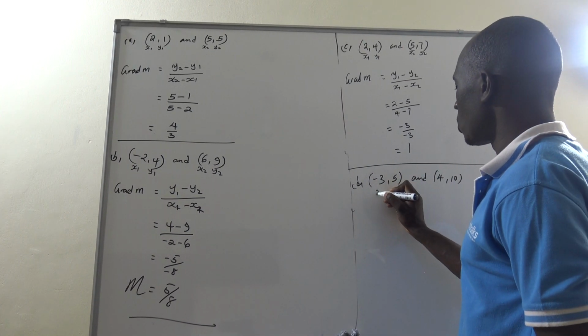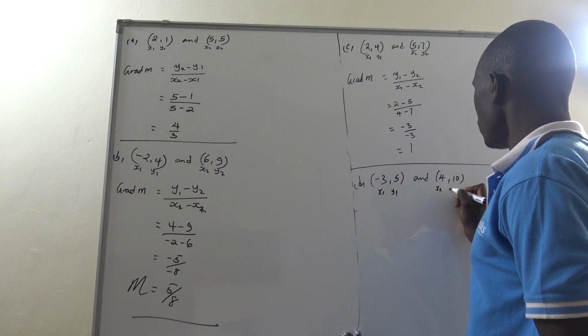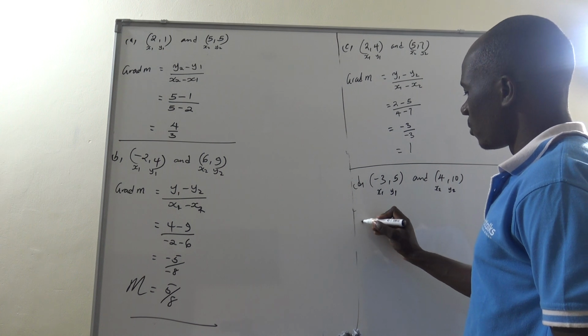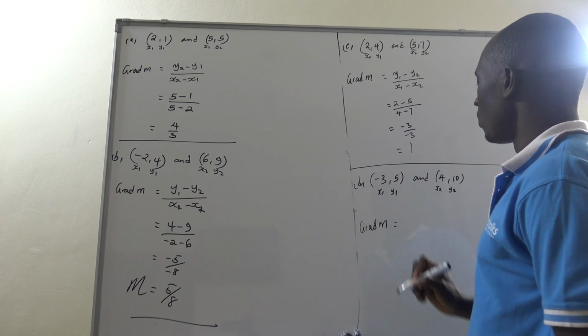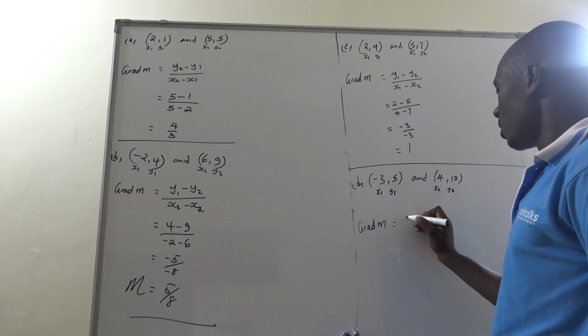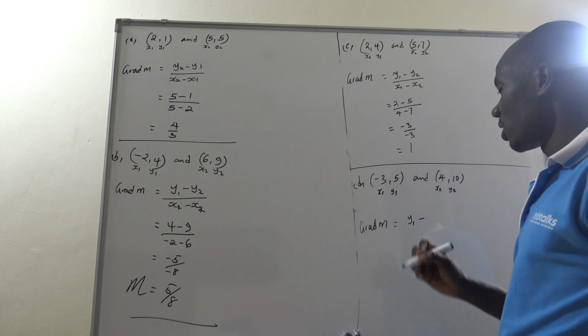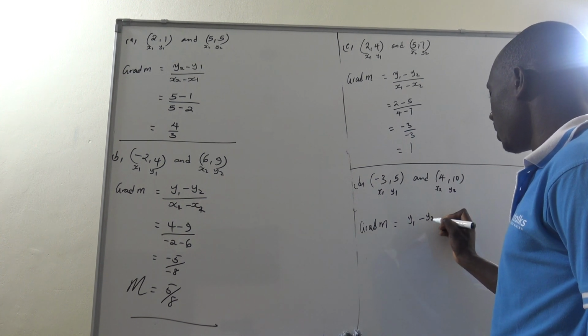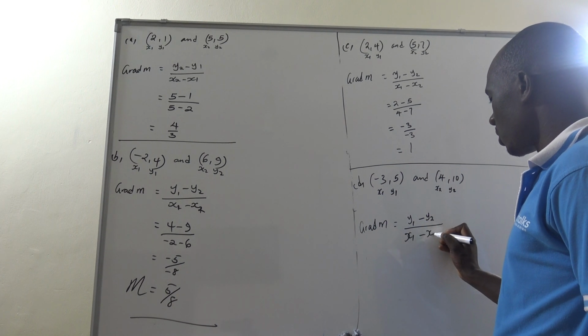This is x1, y1. This is x2, y2. We say gradient m equals y1 minus y2 all over x1 minus x2, because gradient is change in y over change in x.